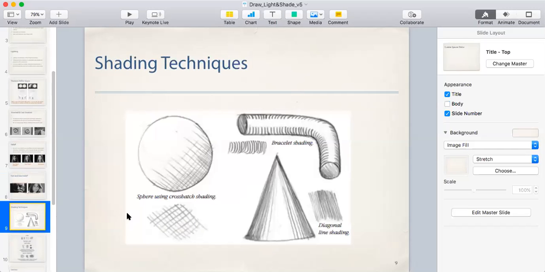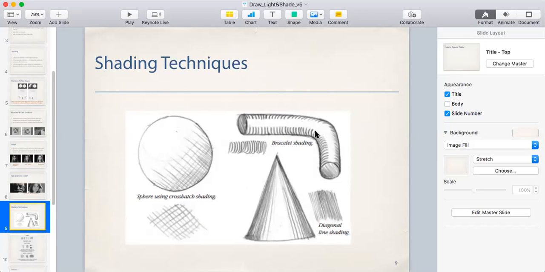For the shading techniques as we have talked about, we mainly use lines, whether you are using pencil or pen. We can also use cross hatching with cross lines, and it will give a much darker or rough surface. But for a smooth surface like this one, we'll use straight lines more.